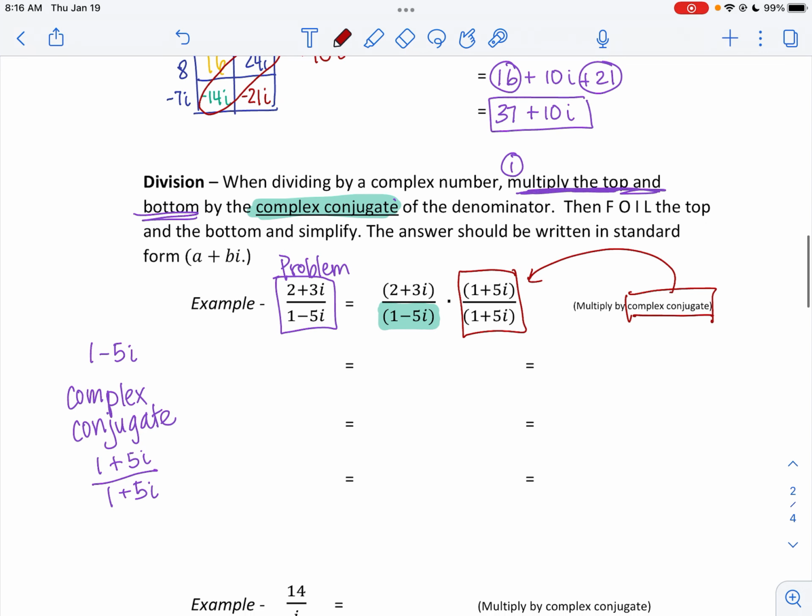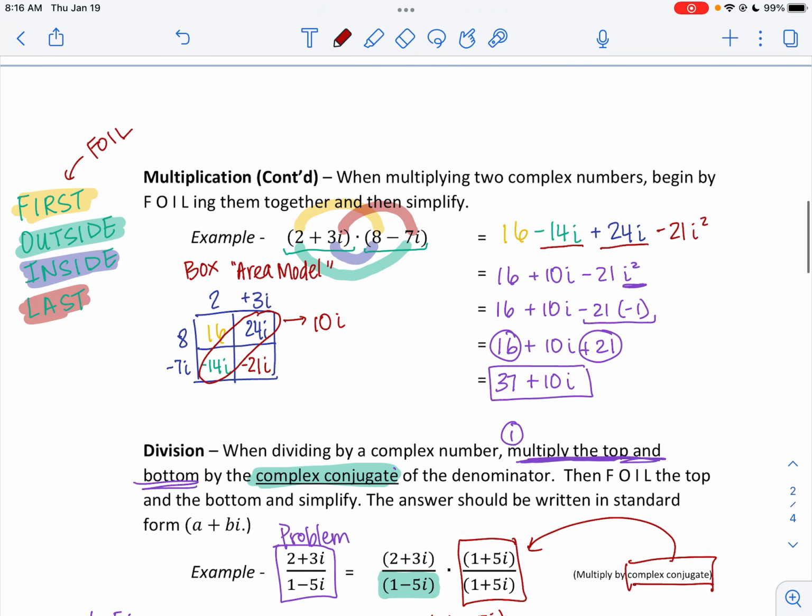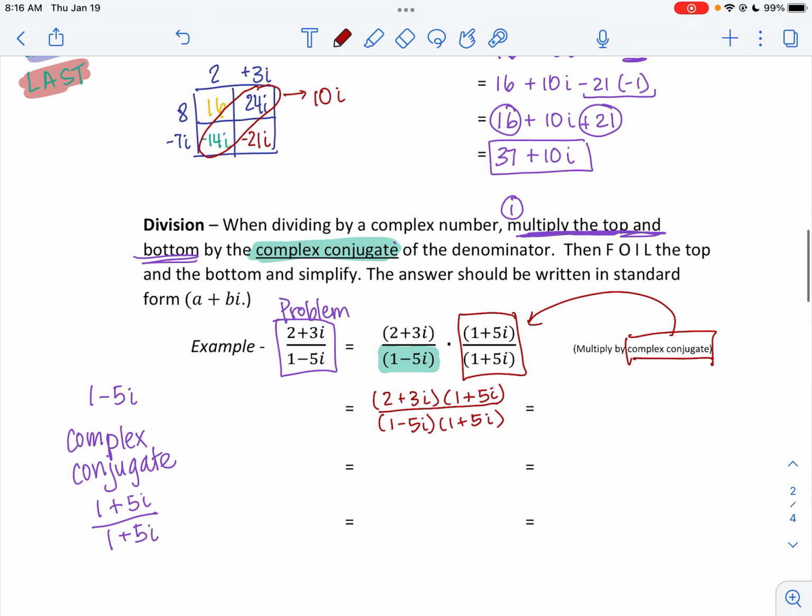So when we multiply those two, we get (2 plus 3i) times (1 plus 5i) over (1 minus 5i) times the quantity (1 plus 5i). This is when the multiplication method comes in handy. It's a lot of work, but it should be pretty easy.